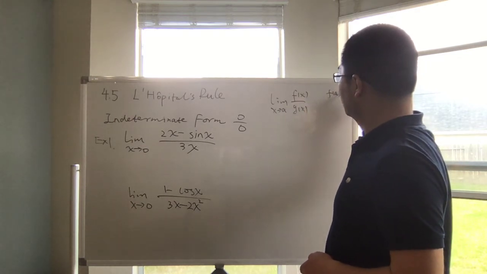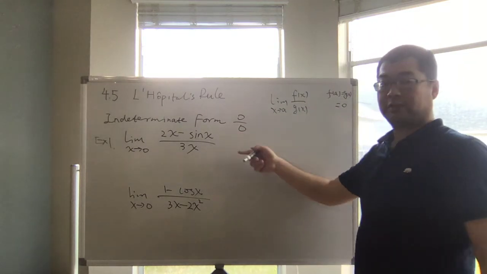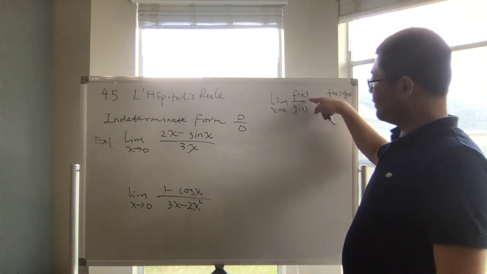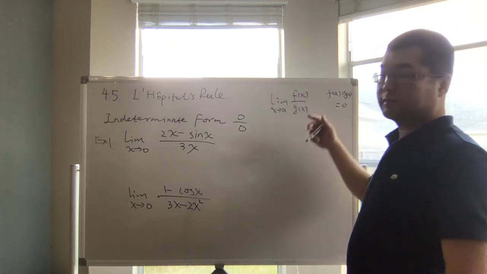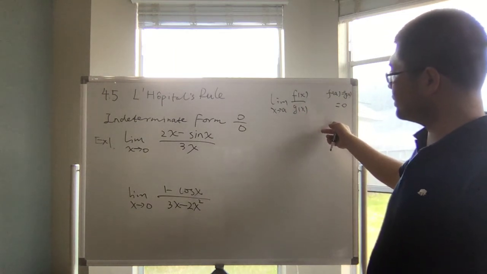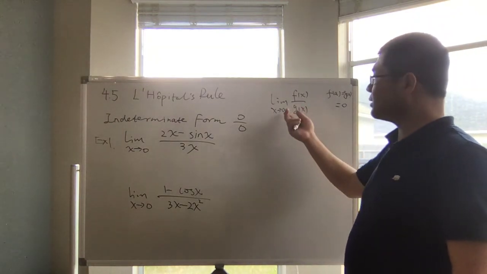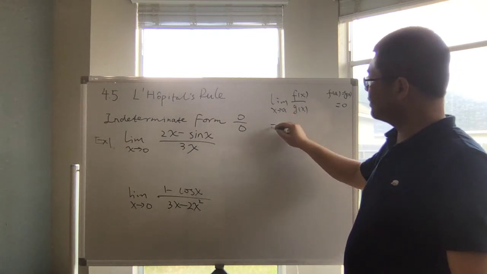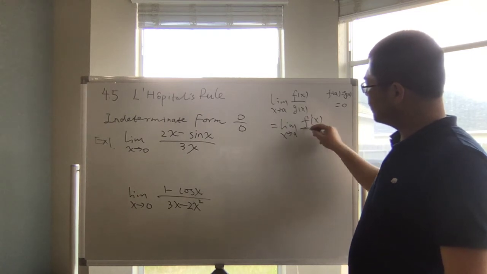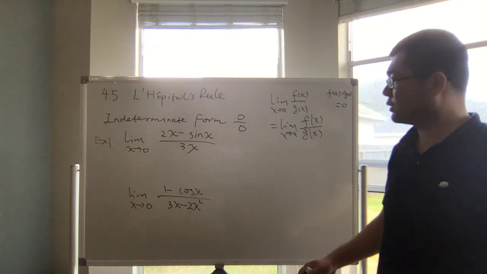If f(a) equals g(a), both equal 0, which is exactly the situation here, and if the derivatives of f(x) and g(x) both exist, and also g prime of x does not equal 0 on the corresponding interval, except at x equals a, then it's equivalent to this limit.